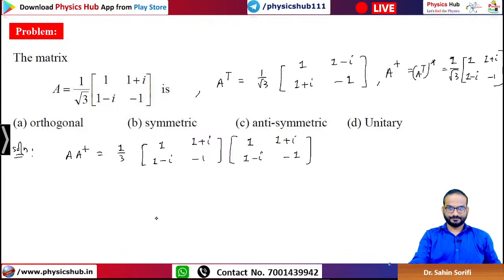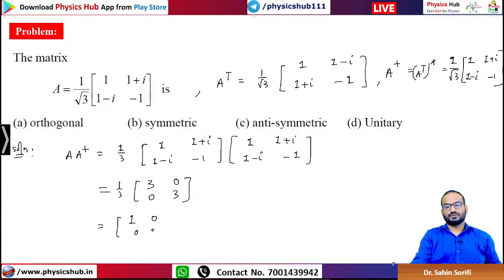So 1/3 times 1 plus 2, 3, 0, 0, 3, which is 1/3 times 3 gives 1, 0, 0, 1. This is nothing but an identity matrix. So A is a unitary matrix.